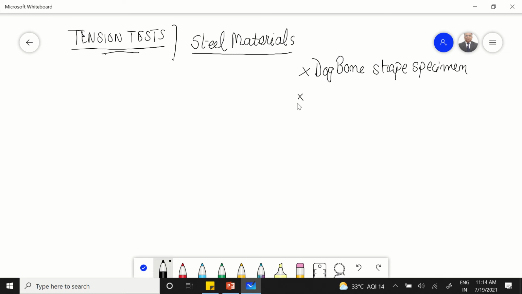The other specimen is your cylindrical shaped specimen.